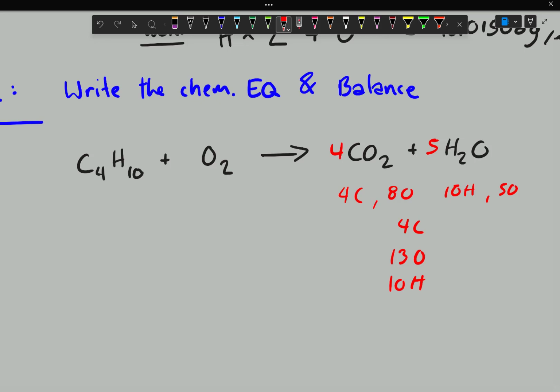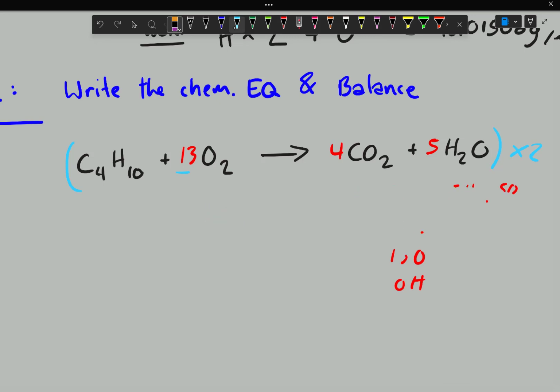So we can go ahead and write 13 oxygen here, but obviously this is O2, so this is not 13 oxygen over here. This is going to be 26 oxygen. So to compensate for that, we can just multiply everything by 2, except for our oxygen.